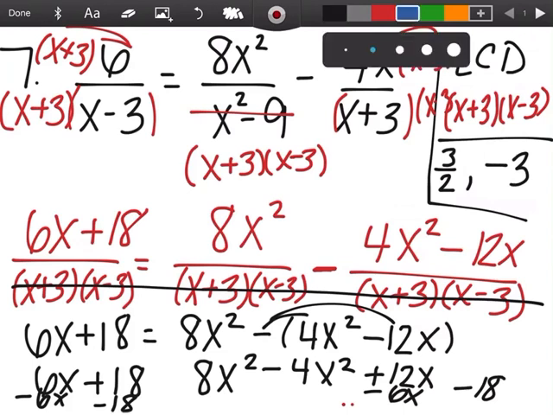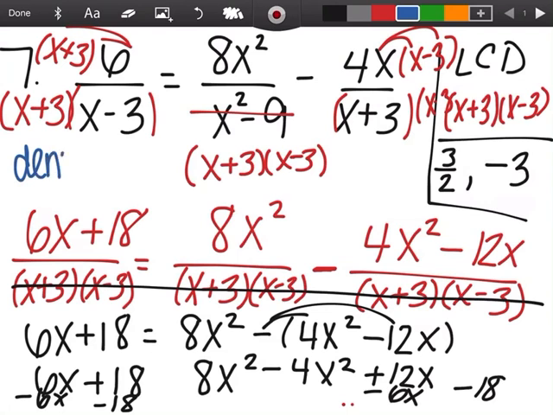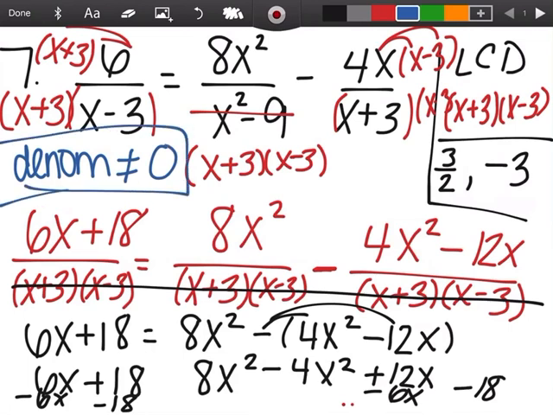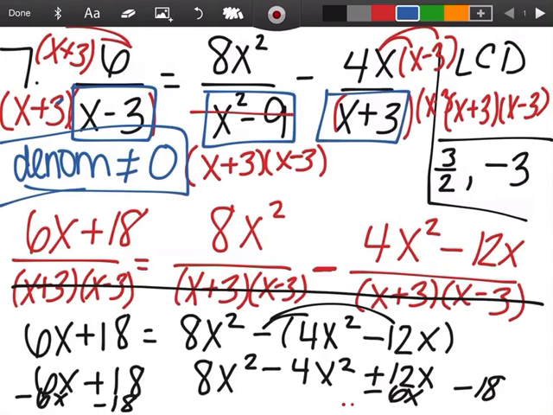So something important that you should know about fractions is that the denominator of a fraction cannot equal 0. So it's possible that I have an extra solution if either of my solutions make any of the denominators 0. So when I look at what's written in black, those original denominators, if either of my answers make any of them equal to 0, they can't be included in the final answer.